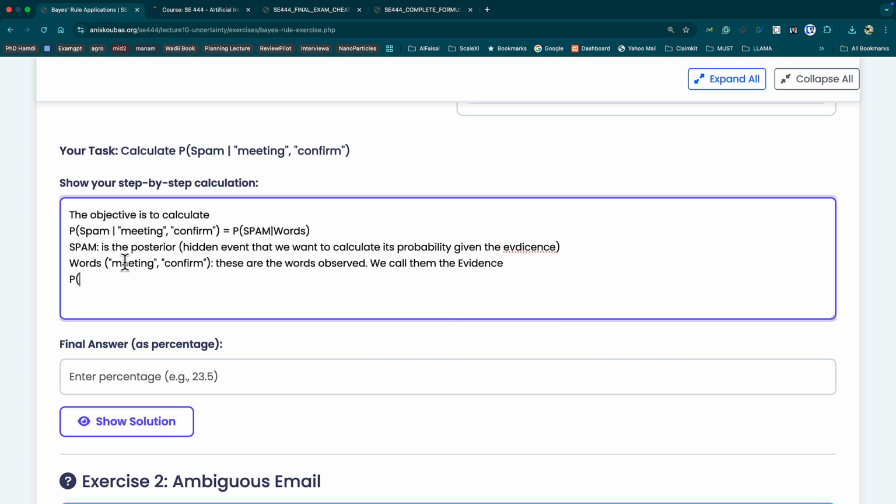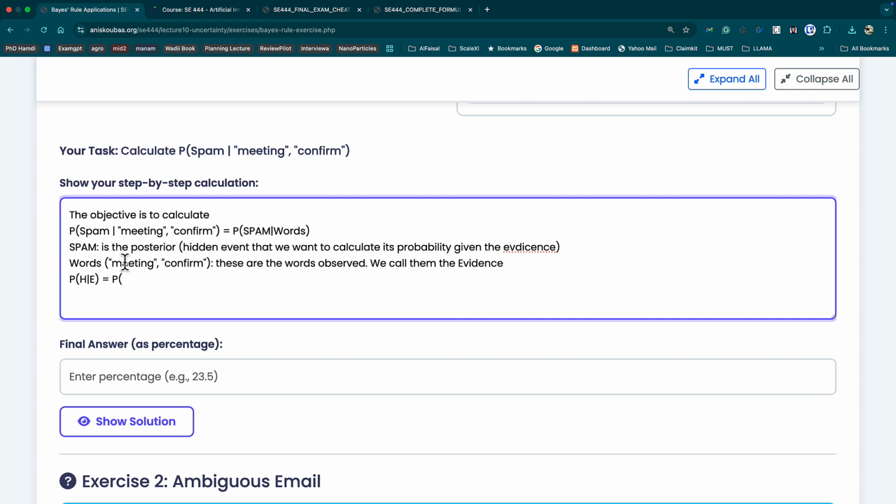So actually we want to calculate the probability of the hypothesis, the posterior. We call it sometimes hypothesis. Given that we observed an evidence, according to the Bayes rule, equal to what?